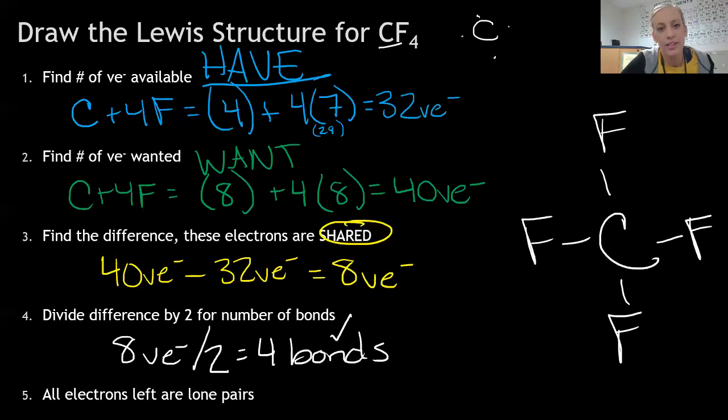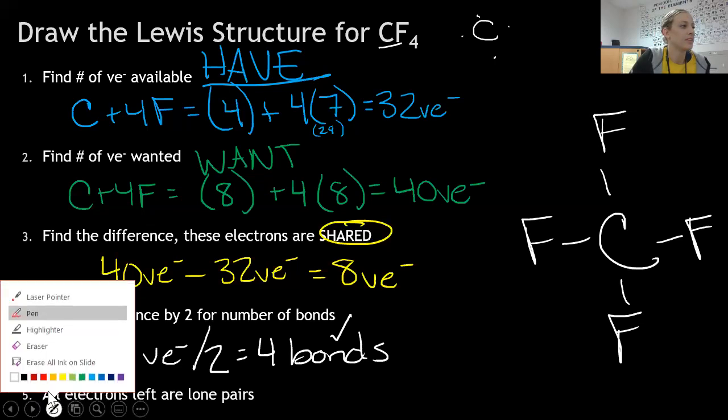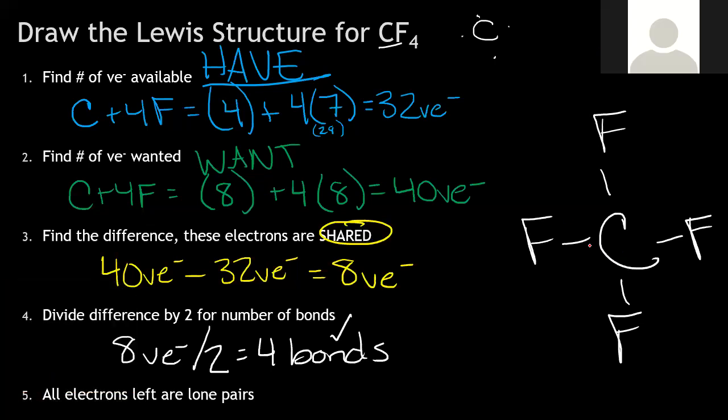What's the second to last step to this process, Madison? You check like if. Oh, sorry. Could you repeat the question? Yep. So we did the bonds. What do we have to put on now? Oh, the electrons. All right. So where do I put them? You do 2 there. And then, 2 there. You just do like 3 pairs on each fluorine.